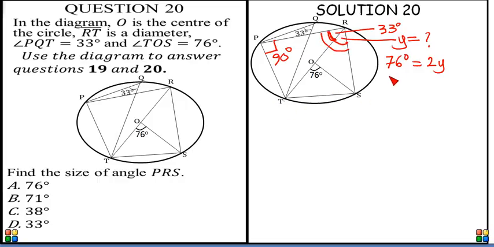So 76 over 2 gives us our Y easily. 76 over 2, that's equal to Y, and so Y is half of 76, 38 degrees.